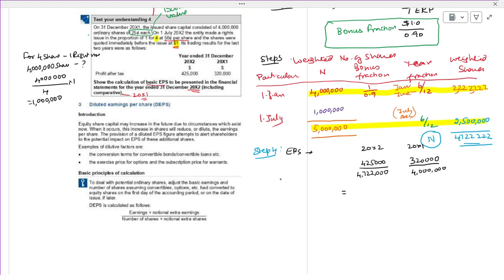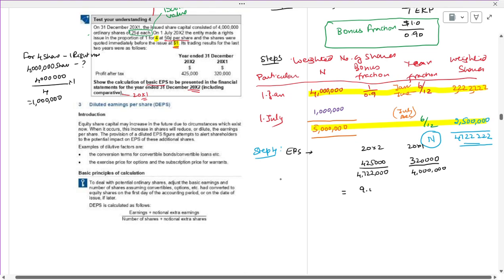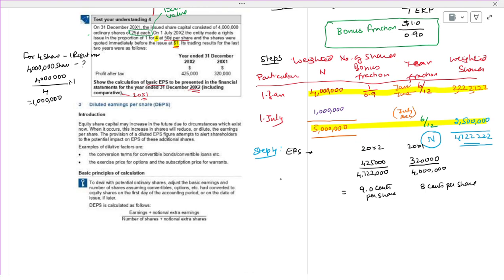Put it in cents whenever you calculate EPS. 425 divided by 4722 comes to 9.0 cents per share. 320 divided by 4 million comes to 8 cents per share. Is it right? 8 cents per share.